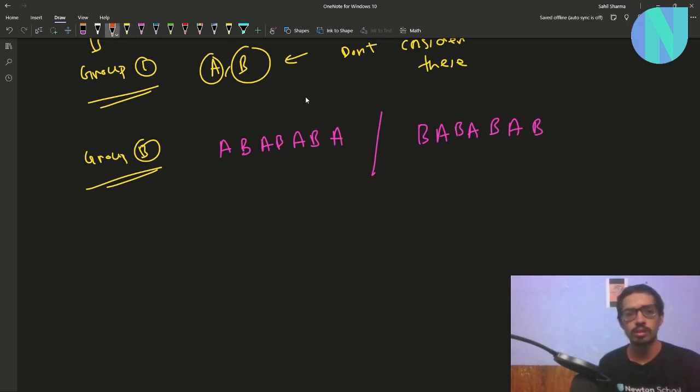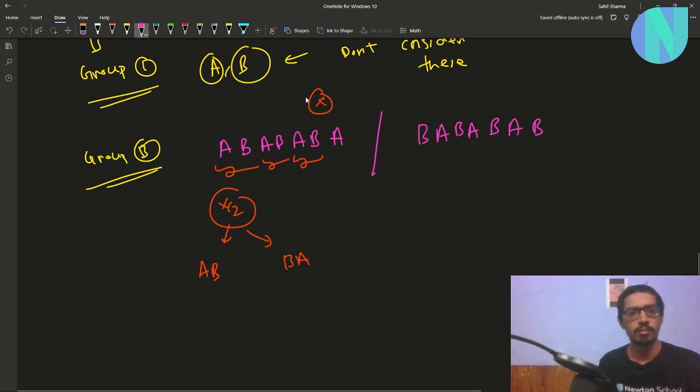You can see these are contributing x by 2. If the length of this string is x, it is contributing x by 2 to AB and similarly x by 2 to BA. So if I choose some string, I can either take x by 2 AB from it, or x by 2 BA from it, or I can split it here and take 1 AB from one part and 2 BA from the other.